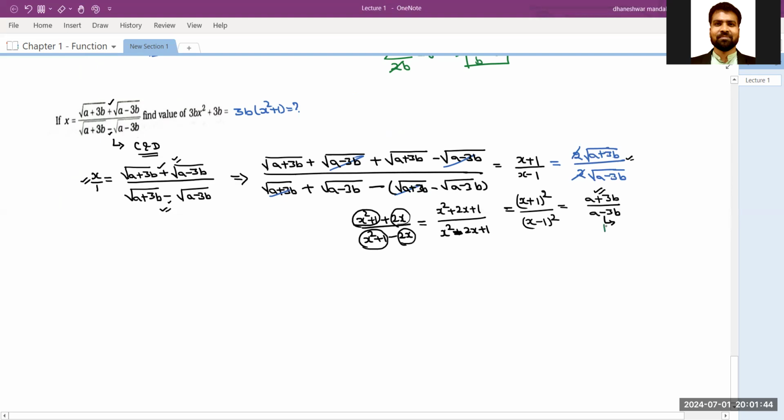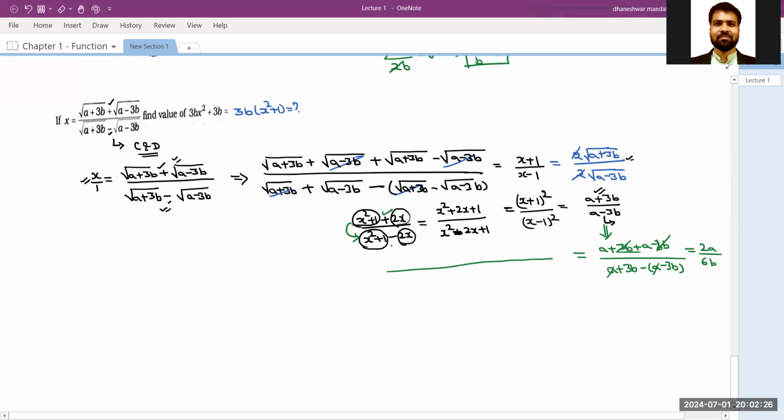So if I add these two terms, and if I subtract these two terms, then 3b will be cancelled, and here we have 2a. And if I cancel a, then from here I get 6 times b. So again I have to add these two terms in the numerator.